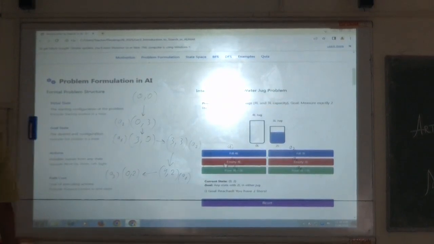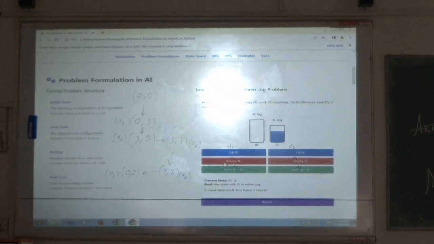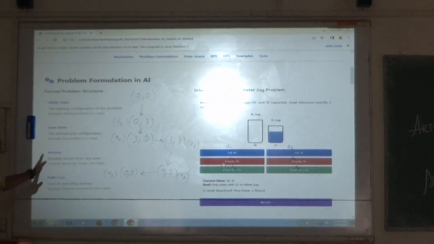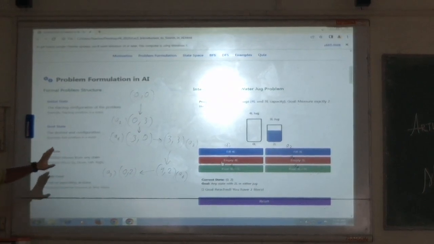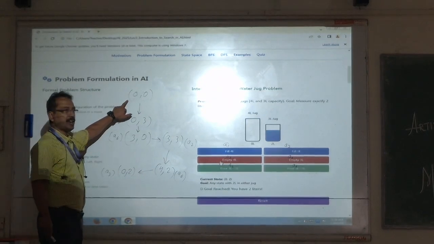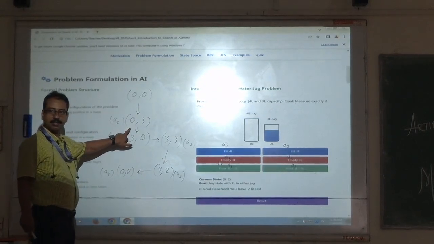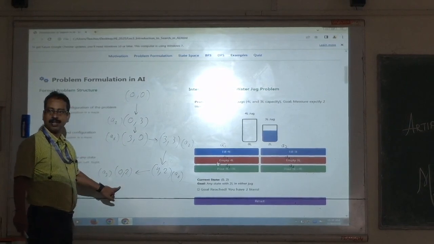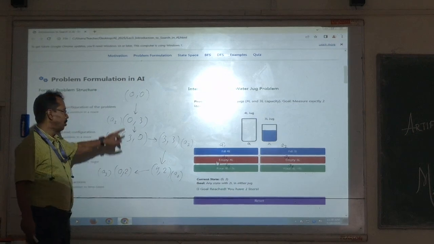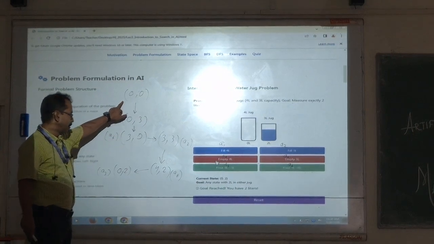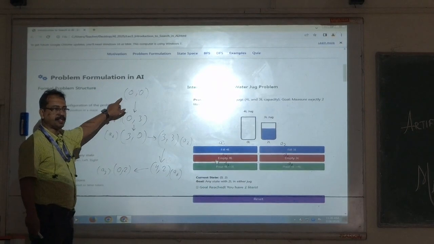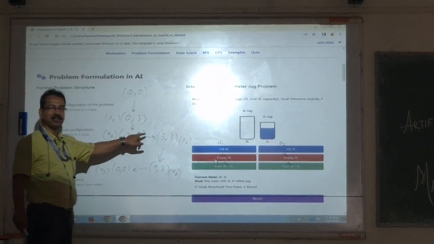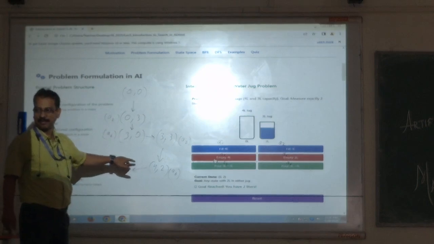So now, did you understand how a problem can be converted to a formal structure, that is problem formulation in AI with the help of state space? So these are actually the states, isn't it? This is my start state and this is my goal state. Now I can reach my goal state from the starting state through various intermediate steps.